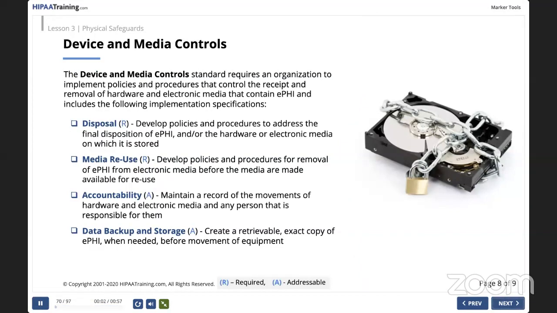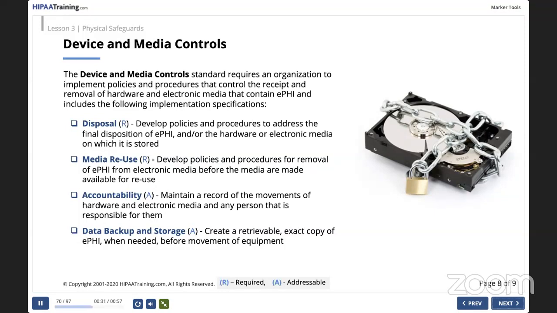Device and media controls. The Device and Media Controls Standard requires an organization to implement policies and procedures that control the receipt and removal of hardware and electronic media that contain EPHI and includes the following implementation specifications. Disposal. Develop policies and procedures to address the final disposition of EPHI and or the hardware or electronic media on which it is stored.